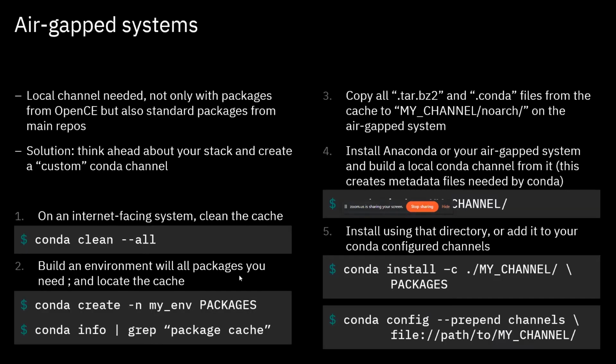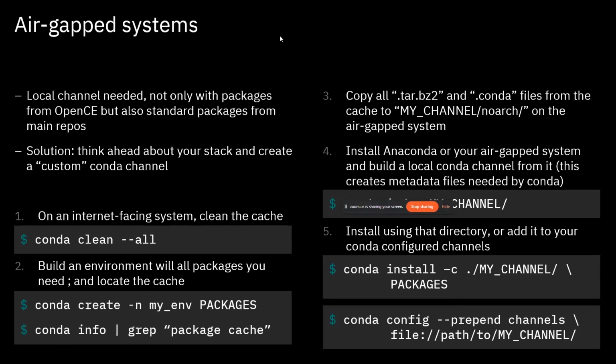Okay, I quickly mention the case of an air-gapped system because it's not trivial. It's a case where you want to have access to packages on a system which is not connected to the internet. I'll go through it very briefly because I'm not sure it's your case, but it's still here if you need it. The issue is that you can't just build OpenCE because everything is not in OpenCE.